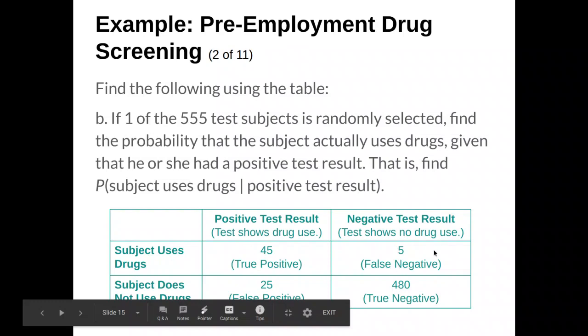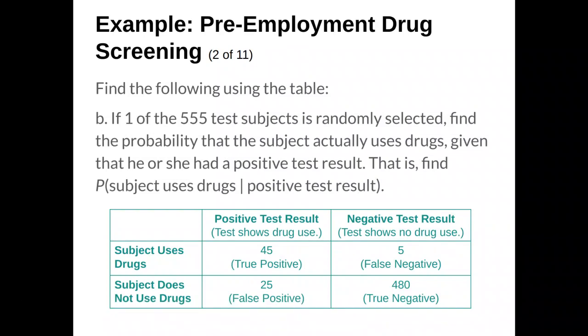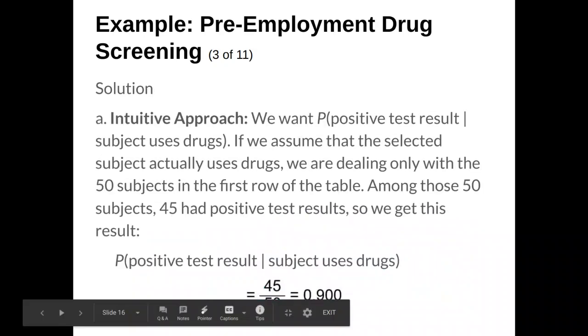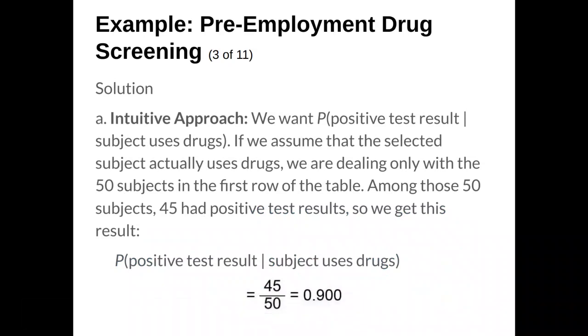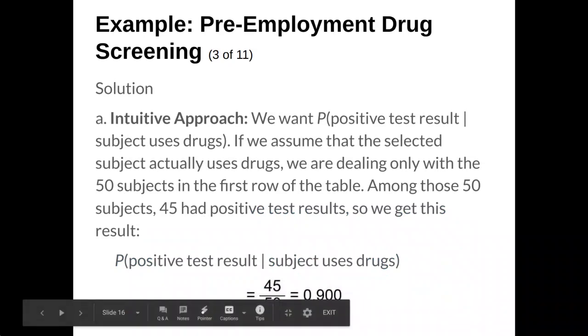There's 45 and 5, so there's a total of 50 test subjects that are using drugs. We want to know the probability that of them we get a positive result. Well, of those, 45 had a positive result. So intuitively, we can take 45 over 50, or 0.9 probability.